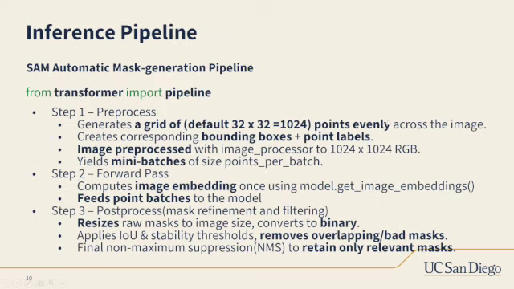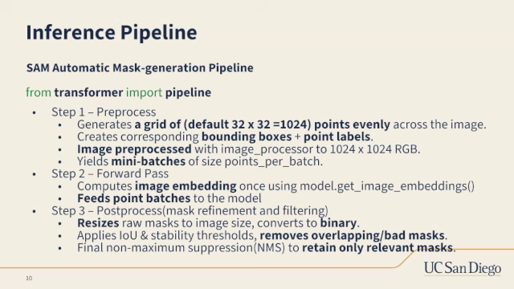So in the experiment, instead of prompting the model manually, we used the automatic mask generation pipeline from the Transformers library. The pipeline will automatically generate a grid of 1,024 points evenly across the image, and will then sequentially feed mini batches of those points to the model as input prompts.